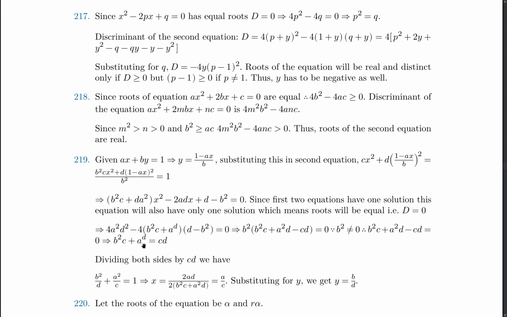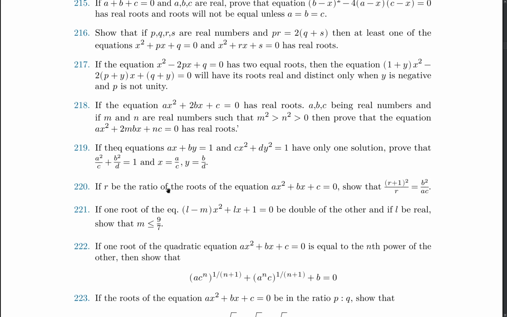Okay, so once we have that, we divide both sides by cd and we get b square by d plus a square by c is equal to 1. Once we have that, we substitute the values in this equation, and we get x is equal to a by c, and we substitute this over here, we get y is equal to b by d.